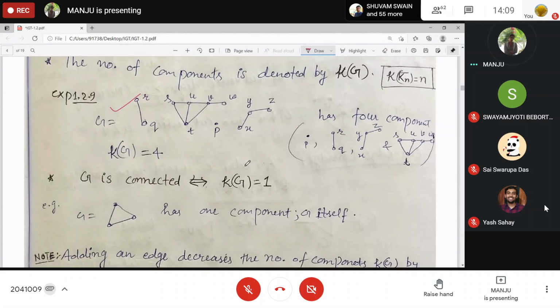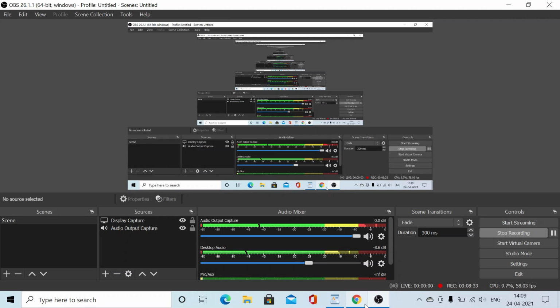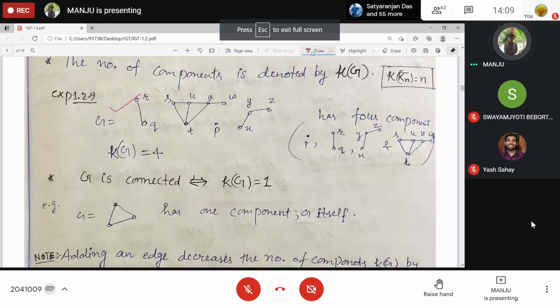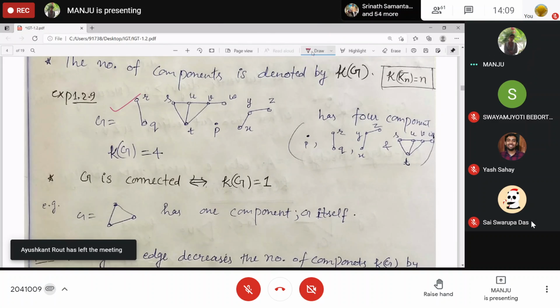Remains same. But if I add this edge, then it decreases. And if instead of this I add this edge, then it remains same. So what can you conclude from here? Addition of an edge either decreases the number of components by 1, or it remains the same.